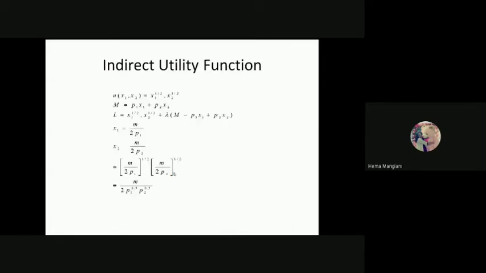Then first, I think we should know how the formulation of this indirect utility function would be done. So let's take first the ordinary utility function. So we have here the utility is a function of x1 power half and x2 power half. Okay. And the budget constraint we have, that is m is equal to p1 x1 plus p2 x2. Fine. Now you will be taking a Lagrangian function.